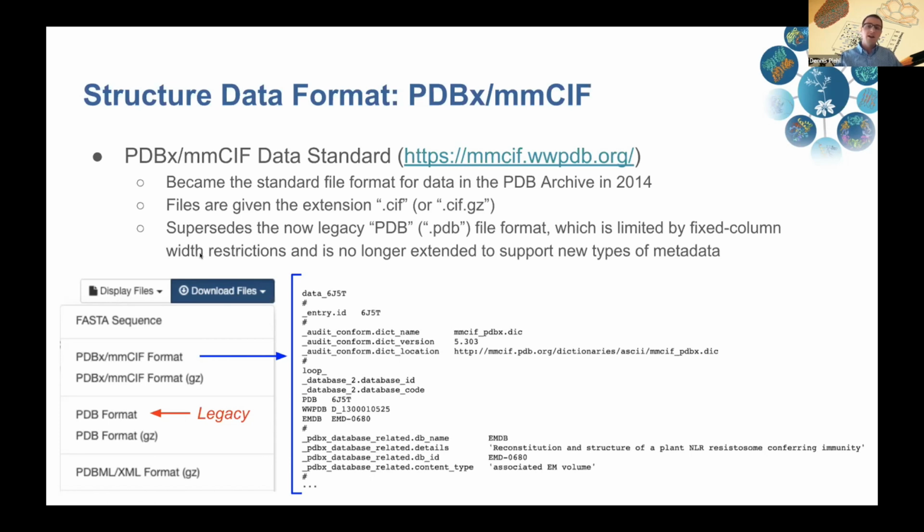When new experimental or computational methods arise that require their own type of metadata to define that type of experiment or software, we need to add new categories and attributes in order to describe those new techniques. Through this new format, we're able to do that because we can simply add new definitions to the dictionary to define those new types of metadata. So this is one of the main motivations for why we have transitioned here.